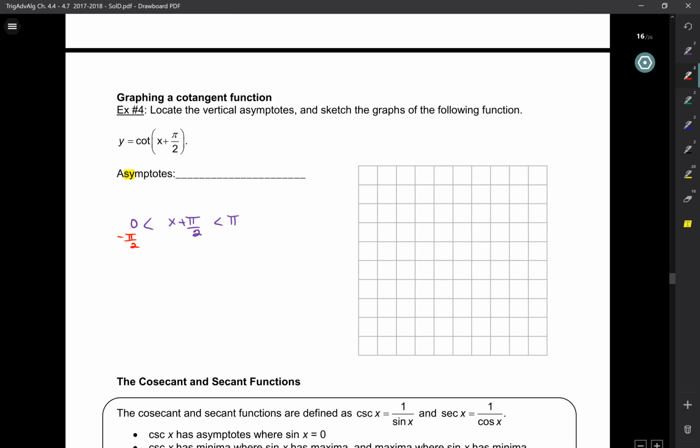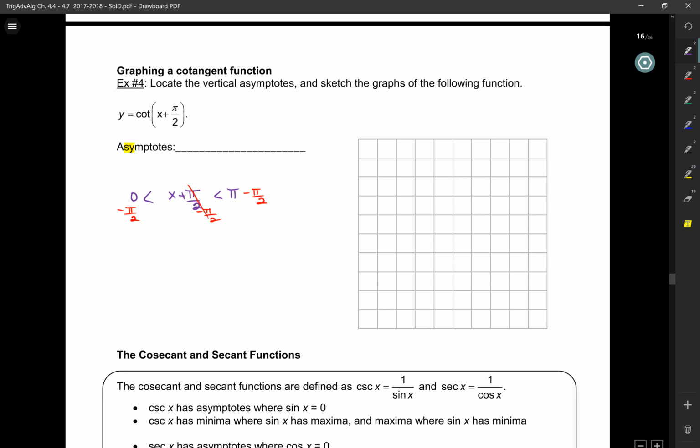Now I'm going to subtract pi over 2 from everywhere. All right, 0 minus pi over 2, negative pi over 2. X, 1 pi minus half a pi is half a pi. So, negative pi over 2 to pi over 2.